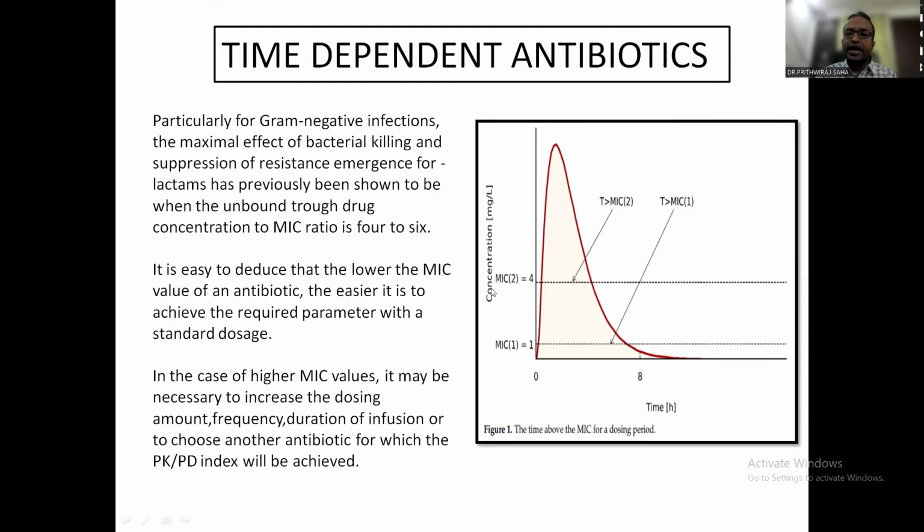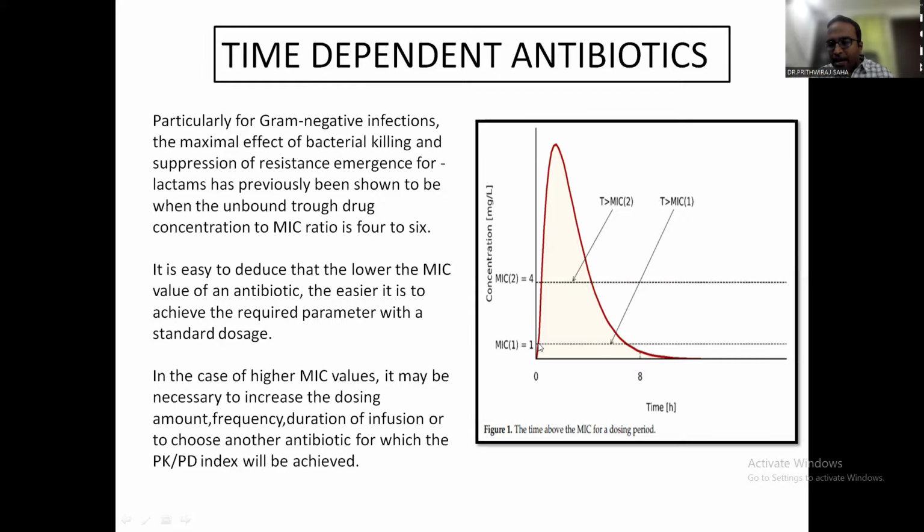So the concept built from here is why we need to give a drug through continuous infusion. Again, I am explaining. If the MIC is low, at 1, there is a sufficient amount of graph above the MIC. This whole portion is above the MIC. We are giving it 8 hourly, so the graph spans about 8 hours.